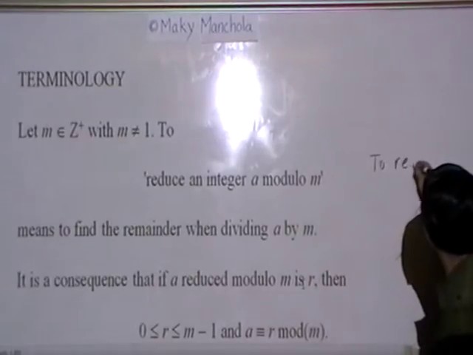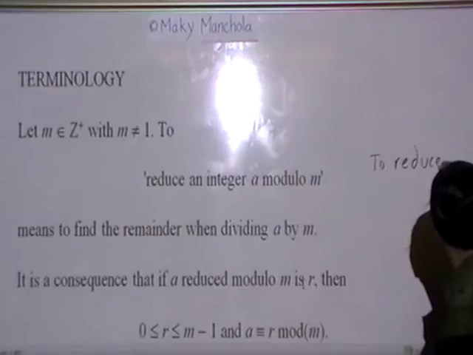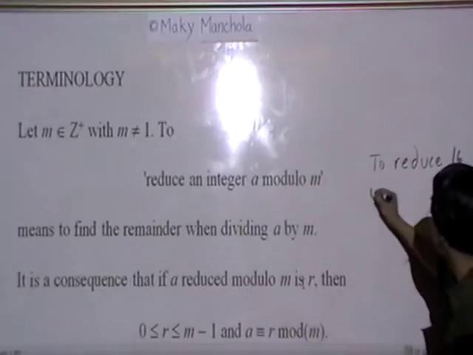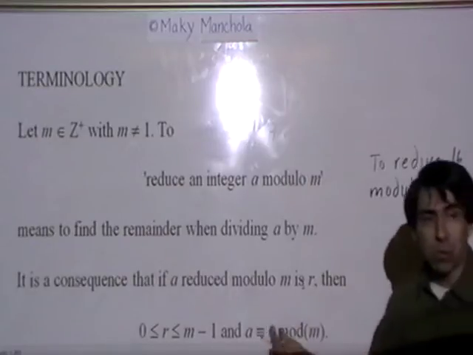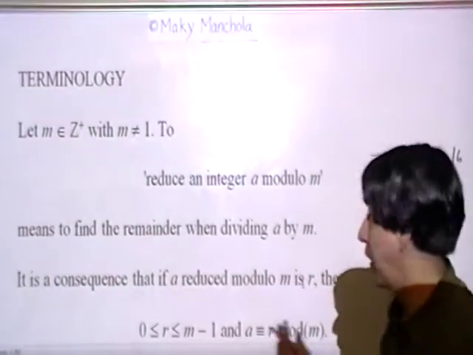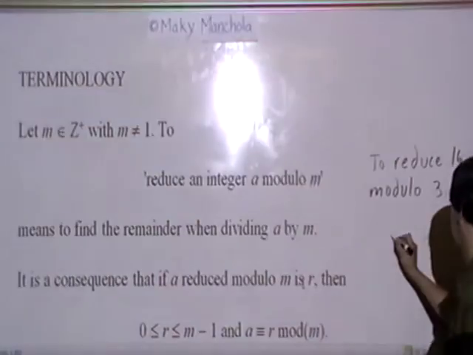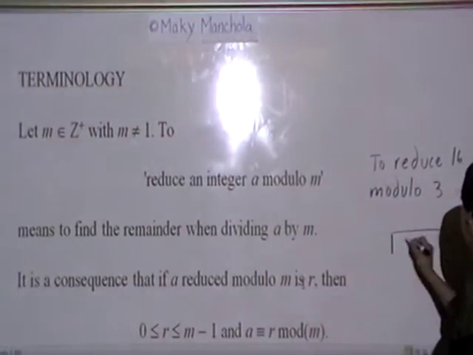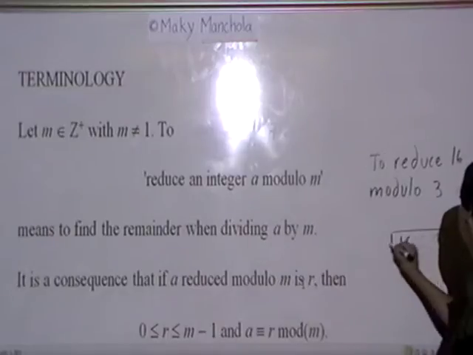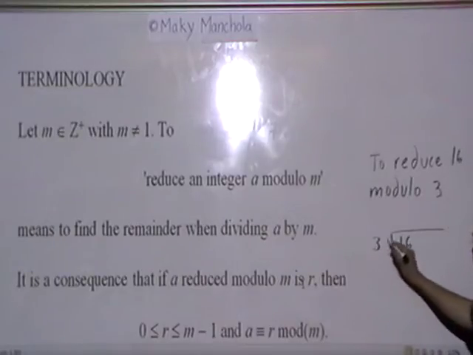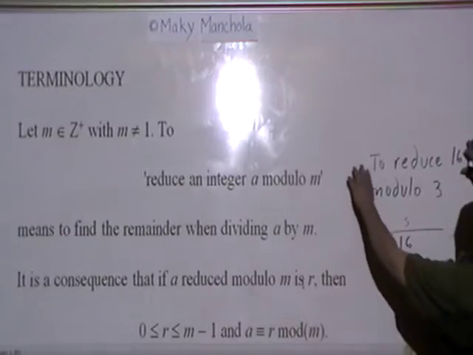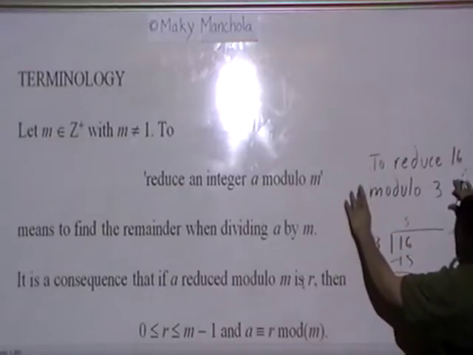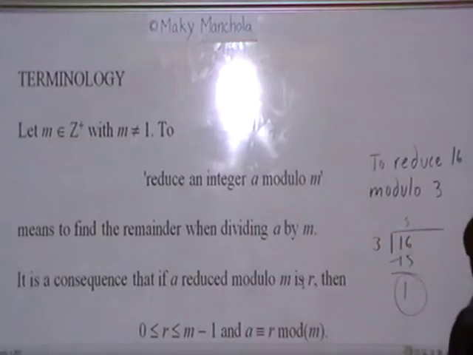To reduce 16 modulo 3 would mean to find the remainder when dividing 16 by 3. Well, not very complicated. If you take 16 and you divide it by 3, you will get a remainder of 1. So to reduce 16 modulo 3 means to find that remainder.